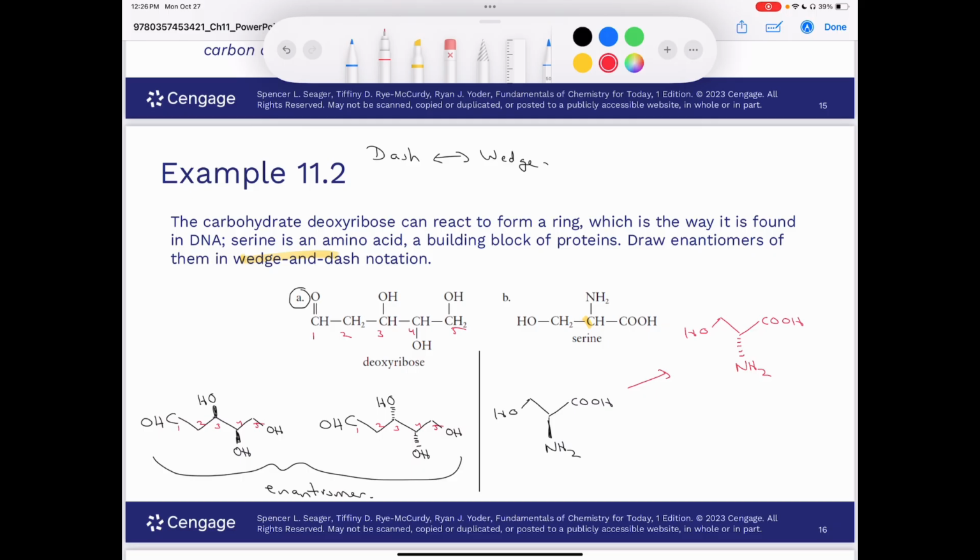Now, you can also try and draw the mirror images. I just keep saying that, mirror images. The mirror image is a little trickier, but maybe students like that more. I don't know. Okay. So this is the mirror image. And so there's nothing wrong with drawing it, but I just think it's easier to just flip every wedge to a dash and every dash to a wedge.